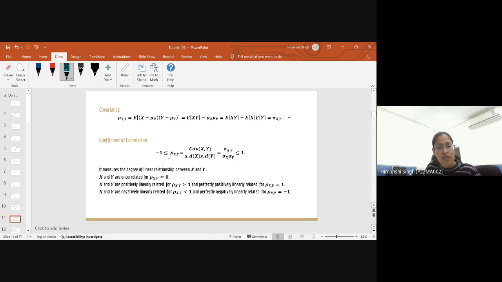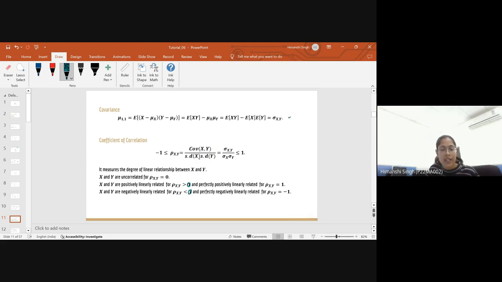If the coefficient of correlation is greater than 0, then we say x and y are positively linearly correlated. And if it is less than 0, then we say that they are negatively linearly related. So this is the interpretation, and it measures the linear relationship between the random variables x and y.